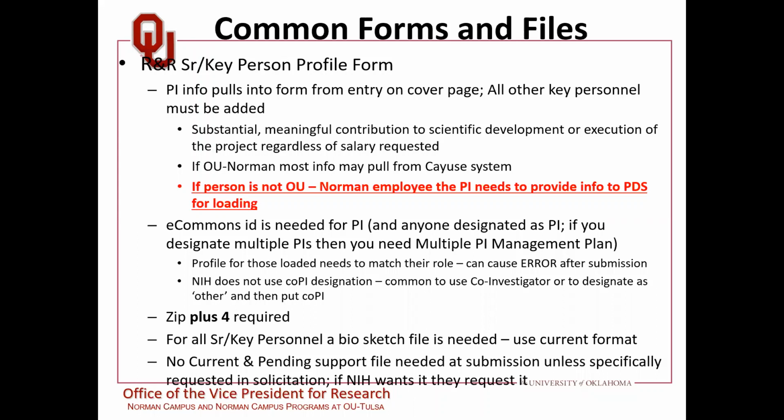NIH does not recognize the co-PI term. You're either a PI or you're a co-investigator or something else. If you are our PI and you have another person who's a PI, as far as NIH is concerned, you both have equal footing. The one who is the lead is the one that they will normally contact for reports and other information. But if you're not available, the other PI is considered to have an equal stake in this project as you do.